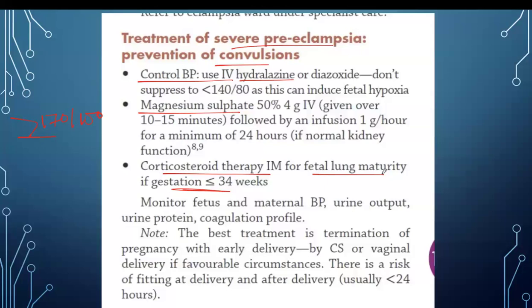So to avoid that, if there is a possibility that labor might be induced or might happen before 34 weeks, you will give the mother corticosteroid therapy. Okay. The best treatment for severe preeclampsia is early delivery, either by C-section or induction.